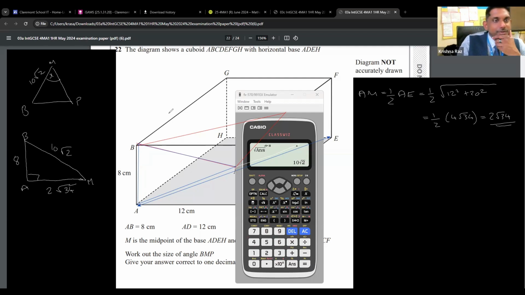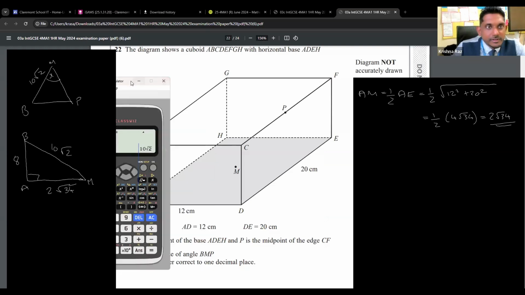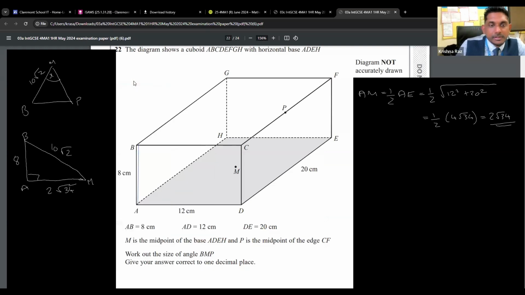So I now have to do the same process to figure out the length of MP. So let me move this calculator out of the way. So MP is here.